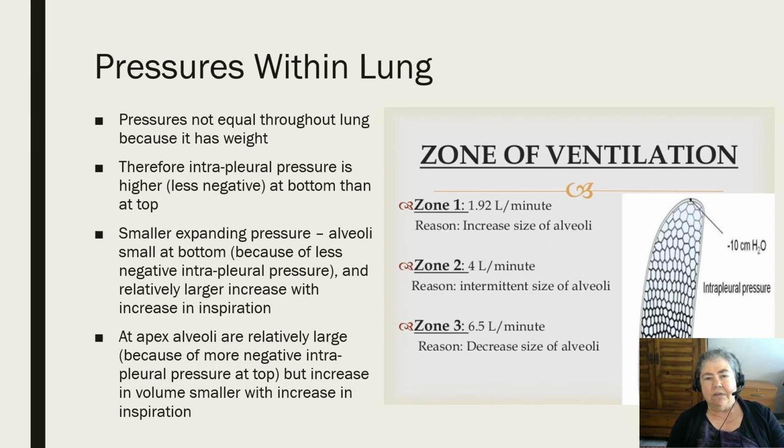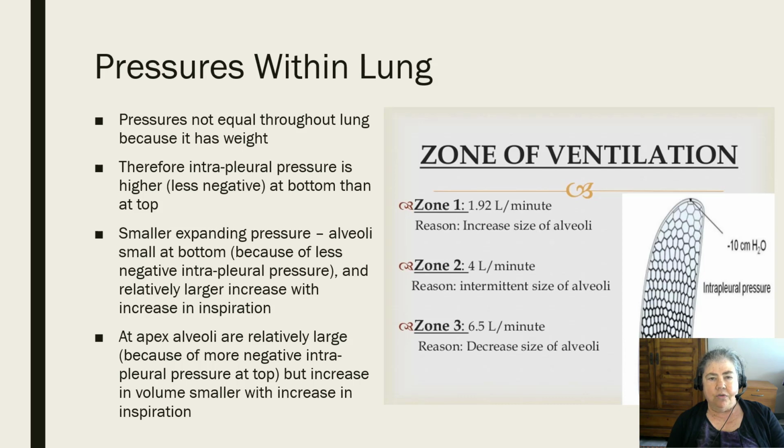There are three zones of ventilation. Zone 1 at the top, where the pressures are more negative, Zone 2 in the middle, and Zone 3 at the bottom, where the pressures are least negative.